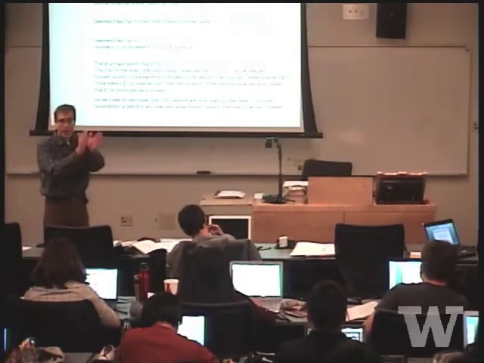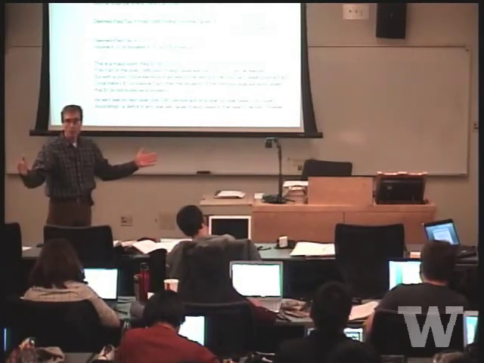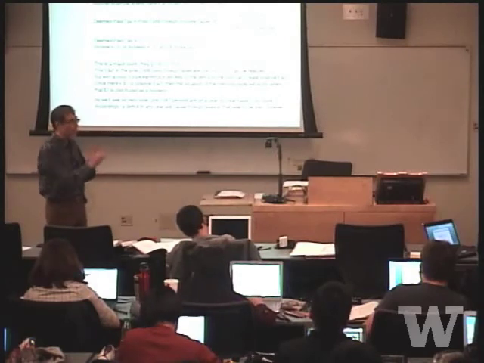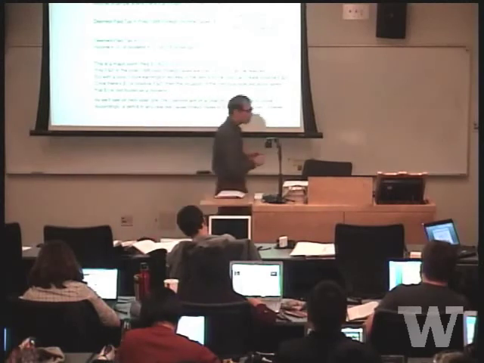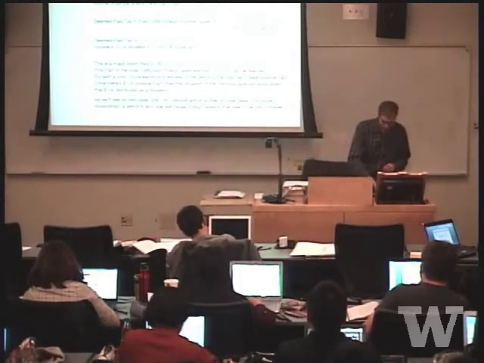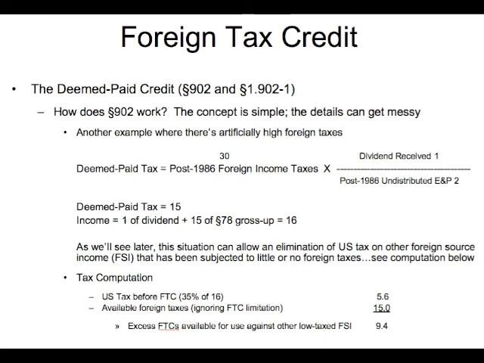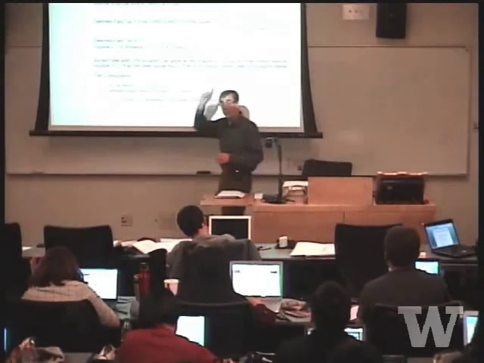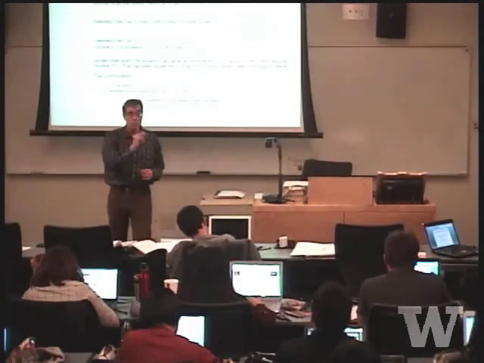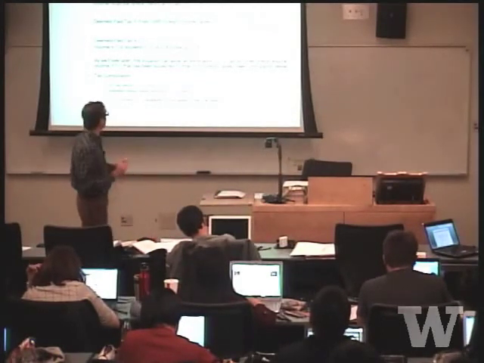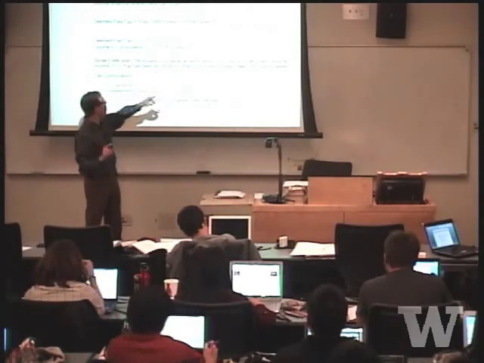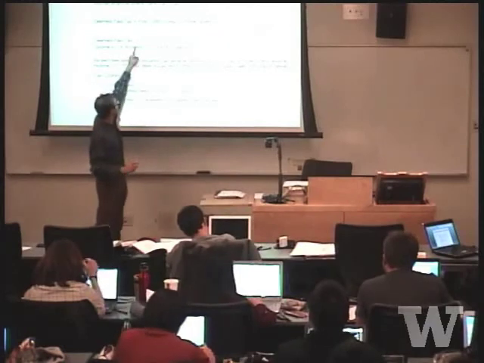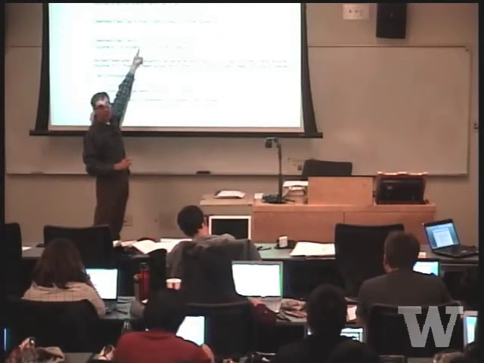Okay, so year by year versus a pool. Let's think about it considering these last couple of slides. Let's first go back to the previous slide, where there was earnings and profits of 2, we distributed 1, and that dividend of 1 brought with it a deemed paid credit of 15.